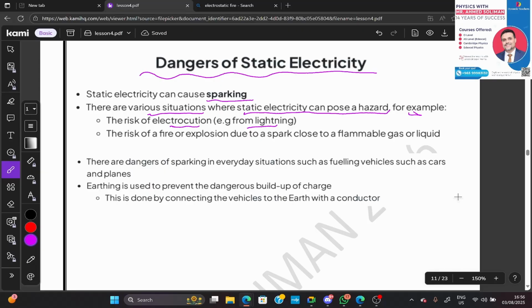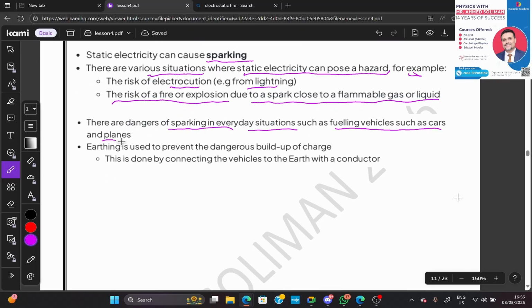Okay. The risk of fire or explosion due to a spark close to a flammable gas or liquid. There are dangers of sparking in everyday situations such as fueling vehicles, such as cars and planes. So what is the solution now?